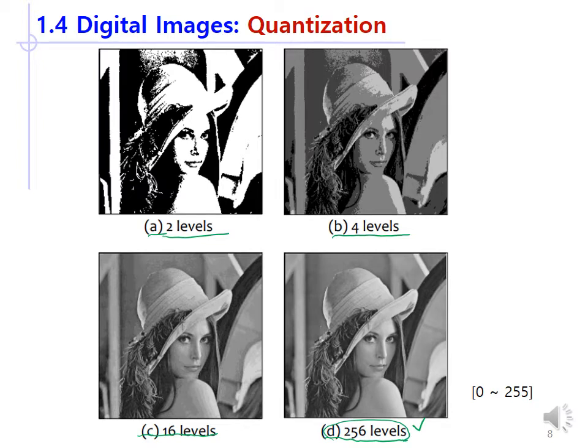Each pixel has a pixel value between 0 and 255, so there are 256 levels here. 0 means black, 255 is white, and in the middle of these numbers, it is gray.